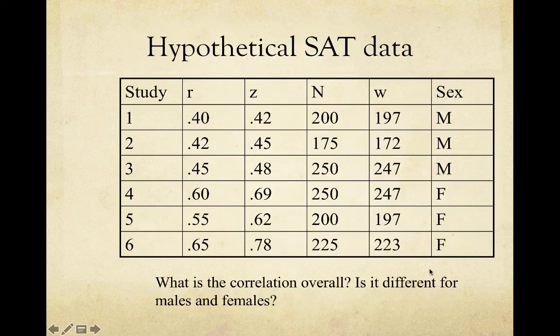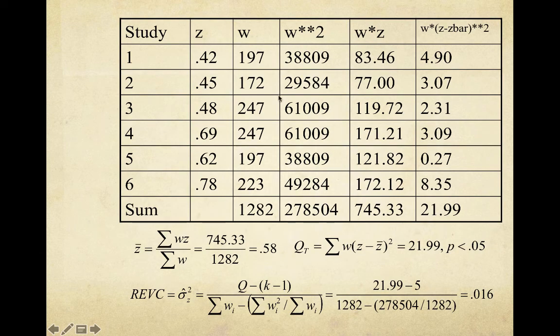Okay, so go back here. We want to know what the correlation is overall, and is it different for males and females? So is there a significant difference here? All right, to find the overall result, we take Z times W, and so here we've got Z times W. If we take the sum of W times Z divided by the sum of W, so here's the sum of W, here's the sum of W times Z, that gives us a weighted mean, and that's 0.58.